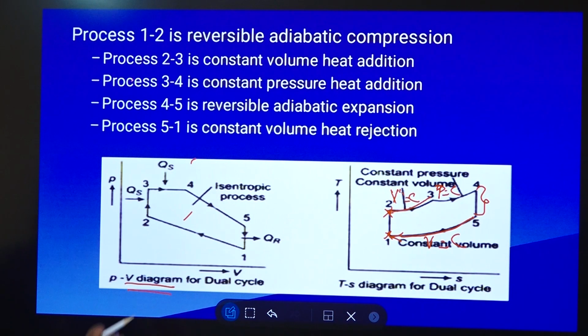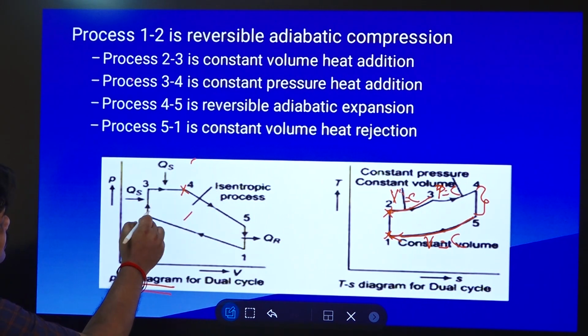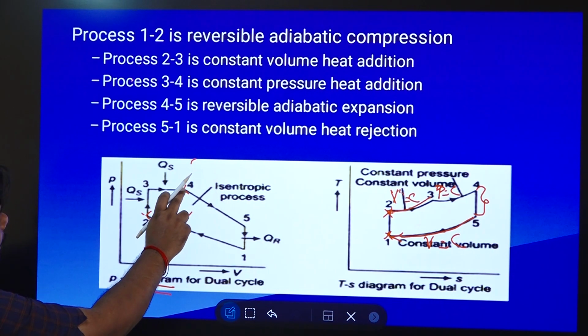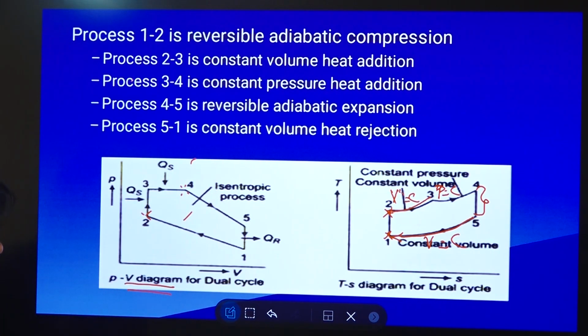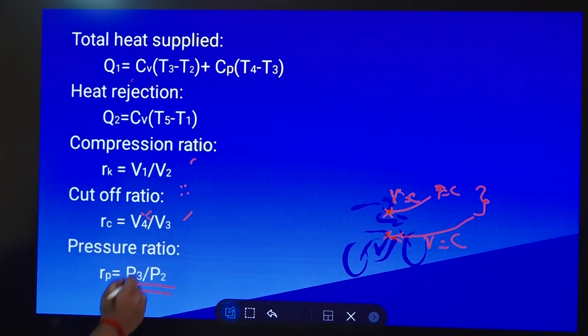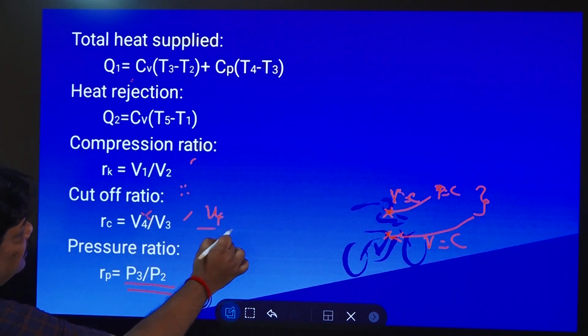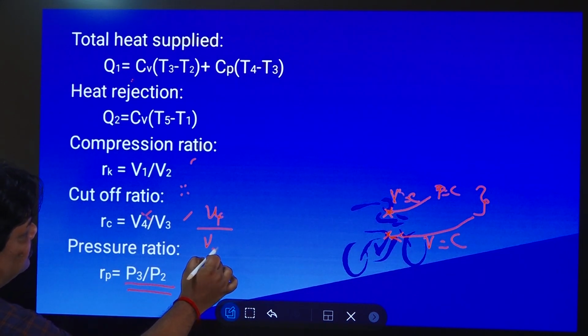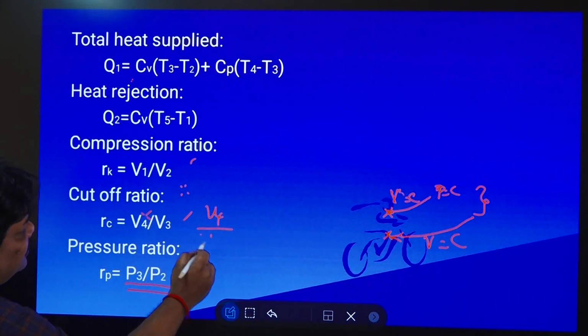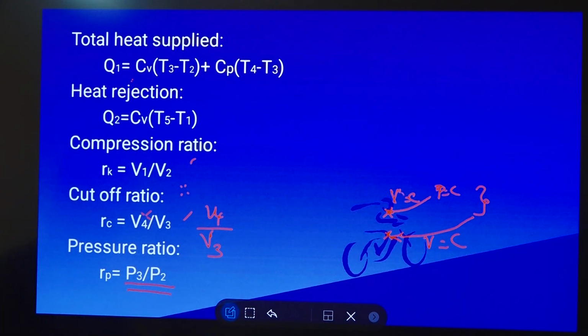The heat addition takes place from point 2 to point 4. You can see the cutoff ratio should be V4 by V2, but V2 is equal to V3, so this is V4 by V3, right?